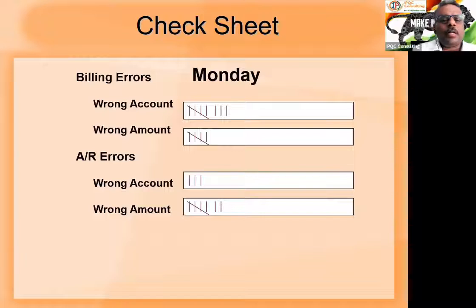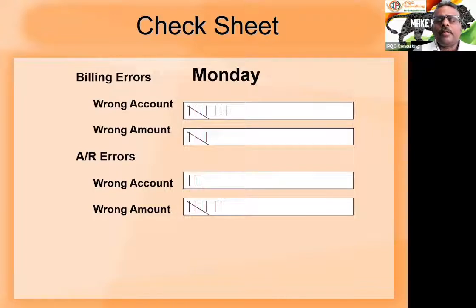So come back to the check sheets. Check sheets are like this. If you are in a service center, you are counting billing errors. You group them, identify them, and on a specific day, count how many types of errors were committed.